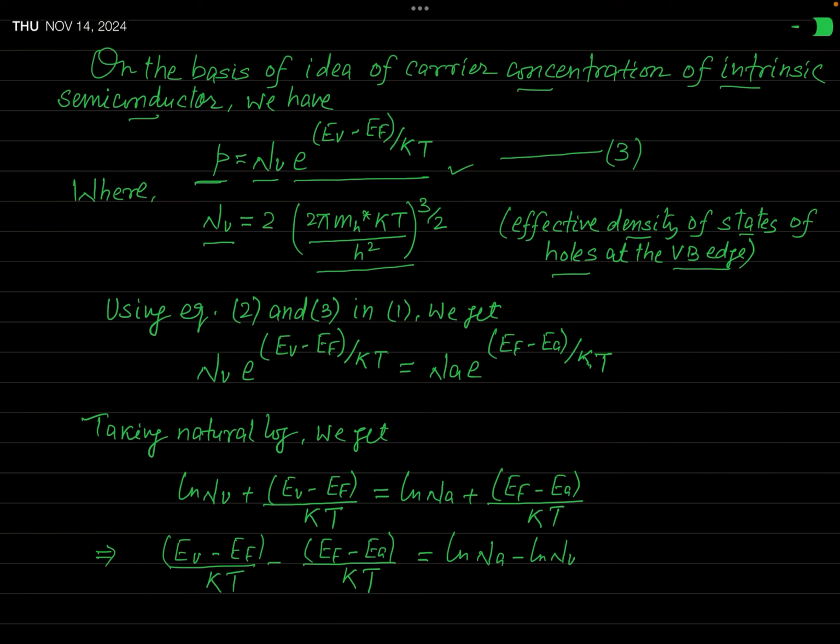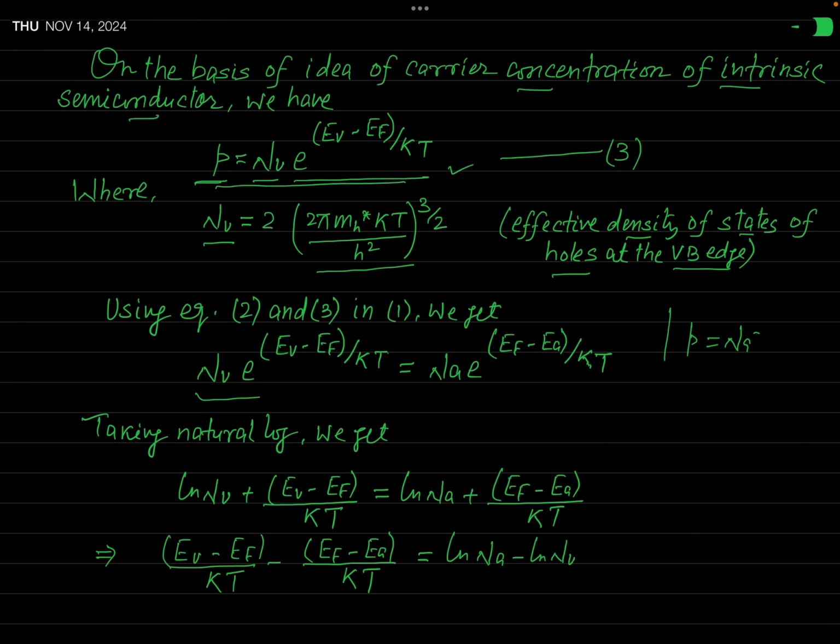So now use these two equations 2 and 3 in equation 1, and you can see that P is equal to Na minus in accordance with equation 1, and the value of P is given here.